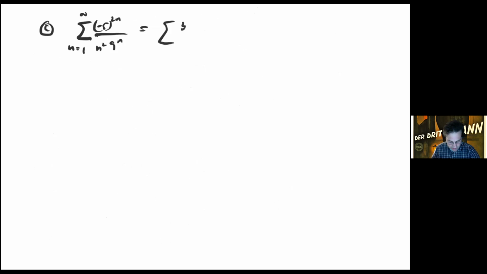So C, summation of minus 5 to the 2n over n squared 9 to the n, n goes from 1 to infinity. Now this is silly, because minus 5 to an even power is 5 to the same power, so we could have written it this way. Okay, so what I'm going to do here is the ratio test.